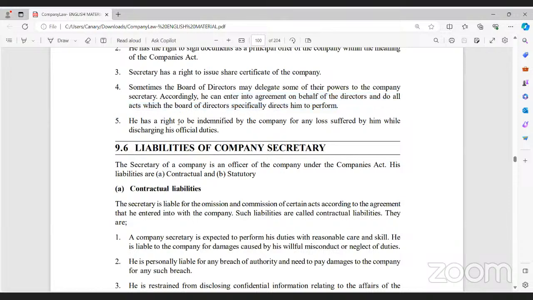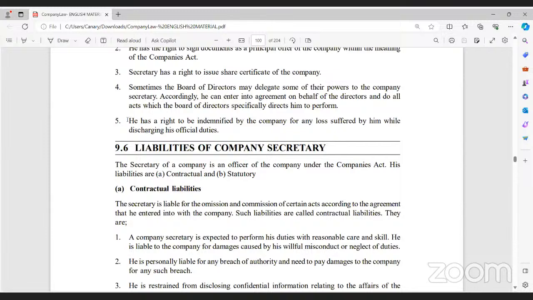He also has a right to be indemnified by the company for any loss suffered by him while discharging his official duties.